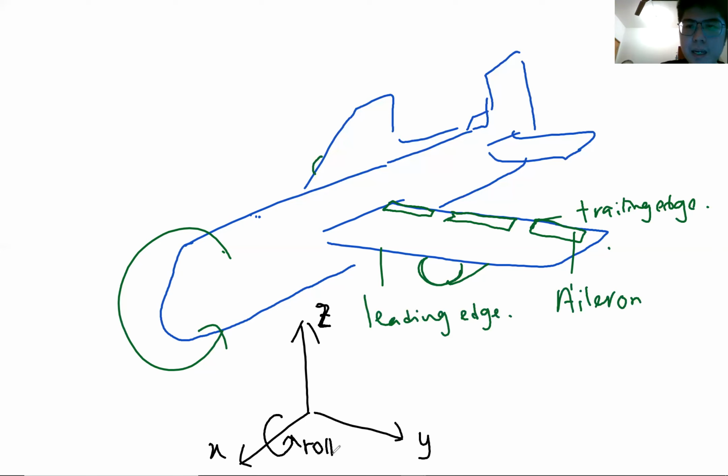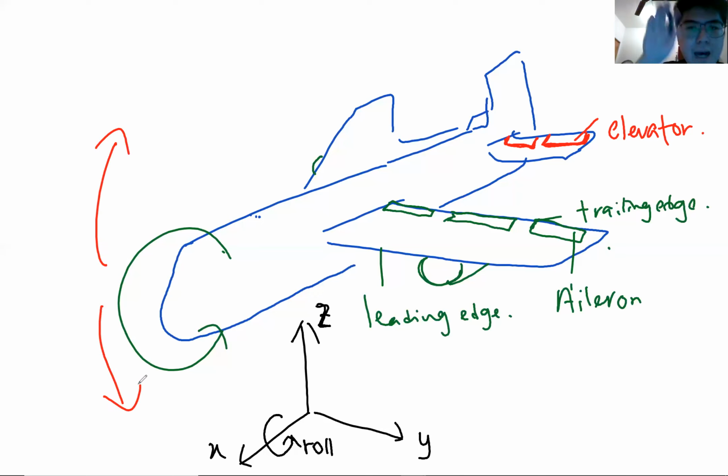Now, same at the back. At the back, you also have the same thing here, like a flap. You can move it at the small tail here. This one we call the elevator. Okay, elevator, what is it used for? It controls your up down motion. We call it pitching. Okay, so like this or like that.